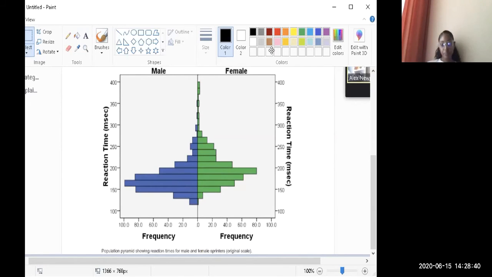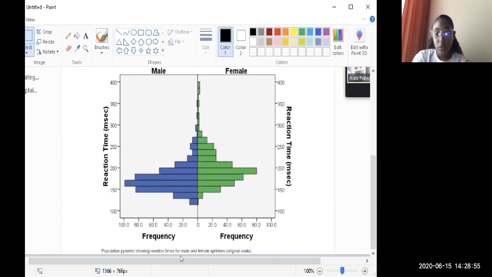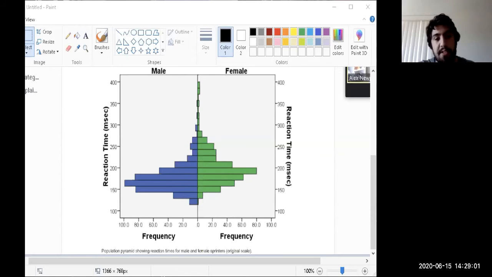Population pyramid. That's not the observational unit. You can see it at the bottom. It's really small. The male and female sprinters. Yeah. So you have more than one in this one, right? You have a female sprinter and a male sprinter.